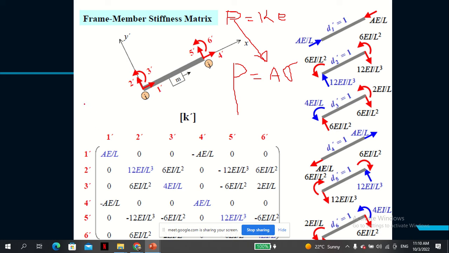We know that E is basically the change in stress over the strain, so actually the strain is sigma over E. So we can say here P is sigma A, which gives EA over L times the extension.